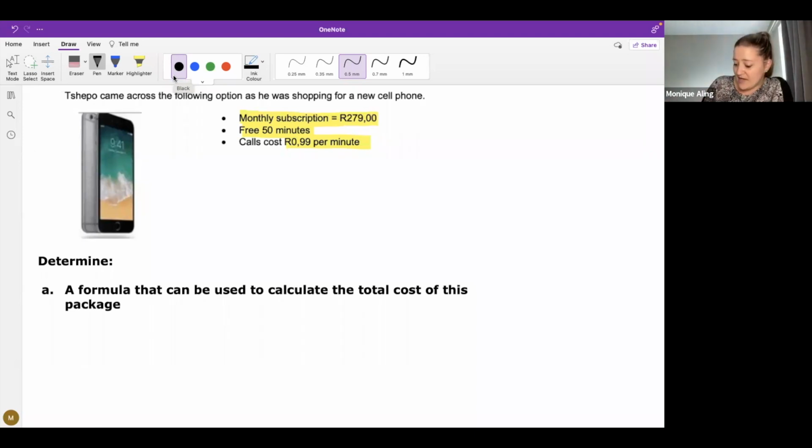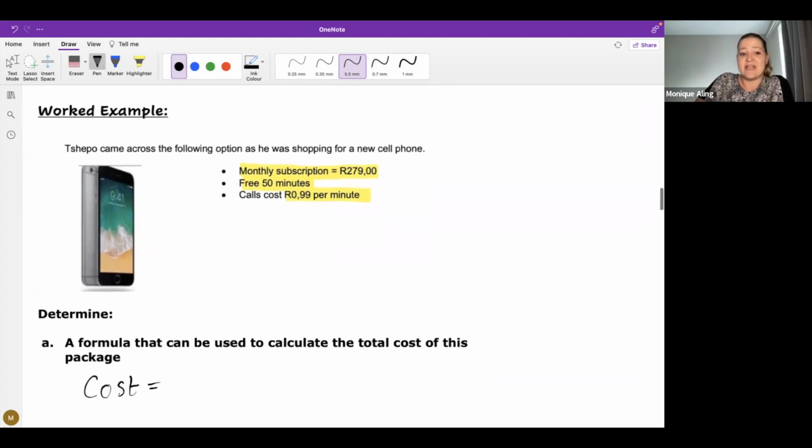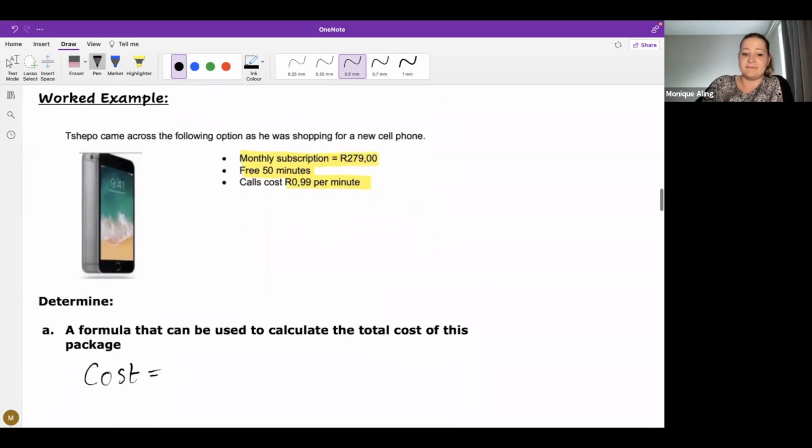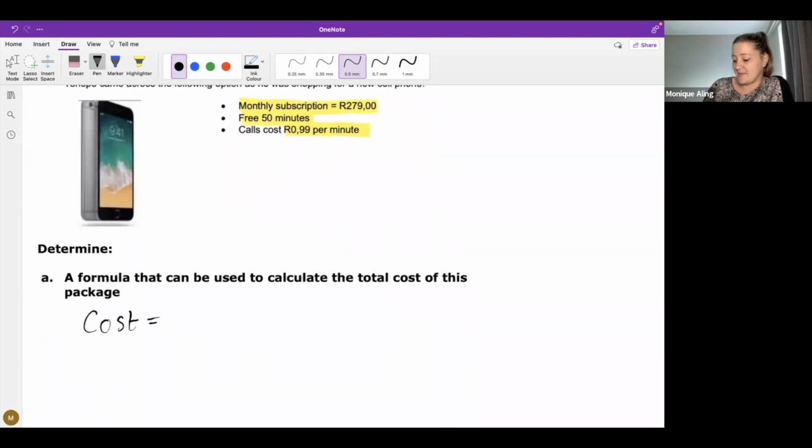So our general formula, which I did mention in the bit above, to work out the cost of this would be: we start off with a monthly subscription fee. We know the monthly subscription fee, so we can just put that in straight away, 279, plus the number of minutes, minus any free minutes.